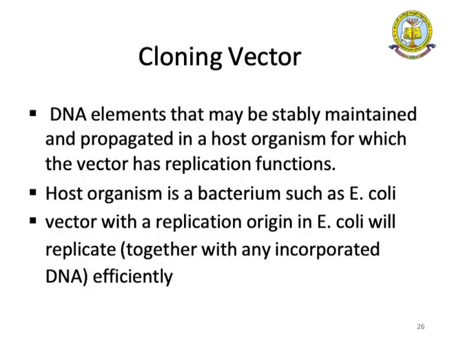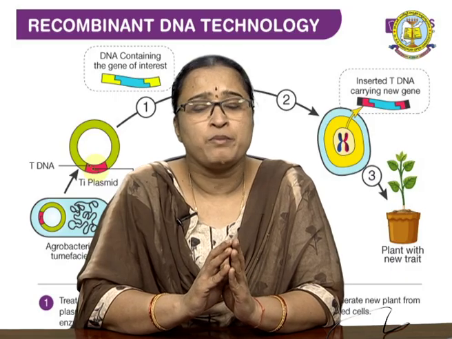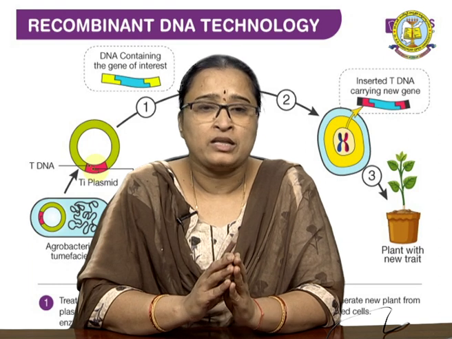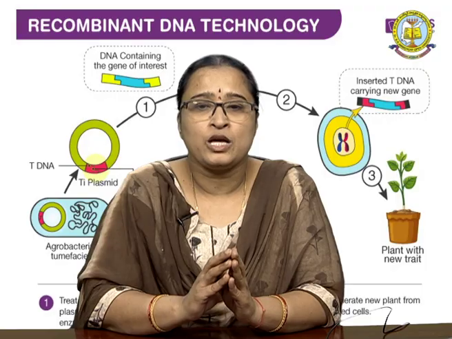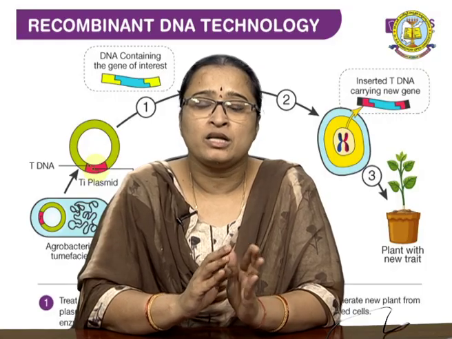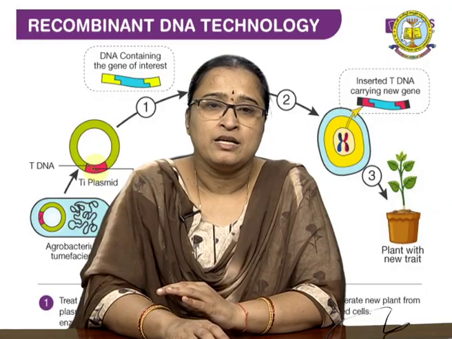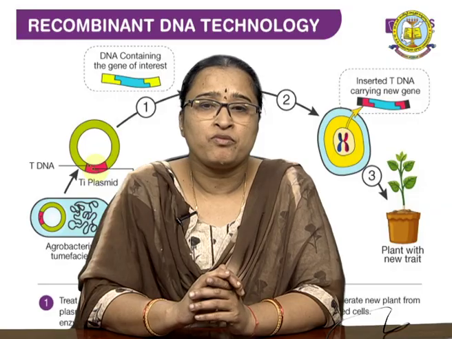The host organism is a bacterium, for example E. coli, the best example in DNA technology. Vectors with a replication origin in E. coli will replicate together with the incorporated DNA efficiently.